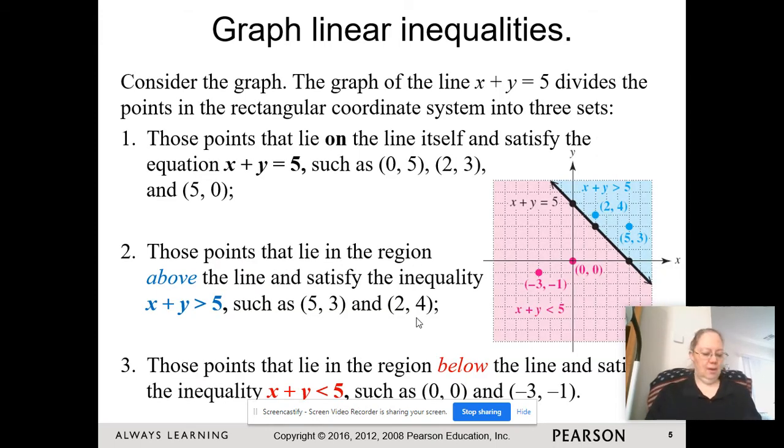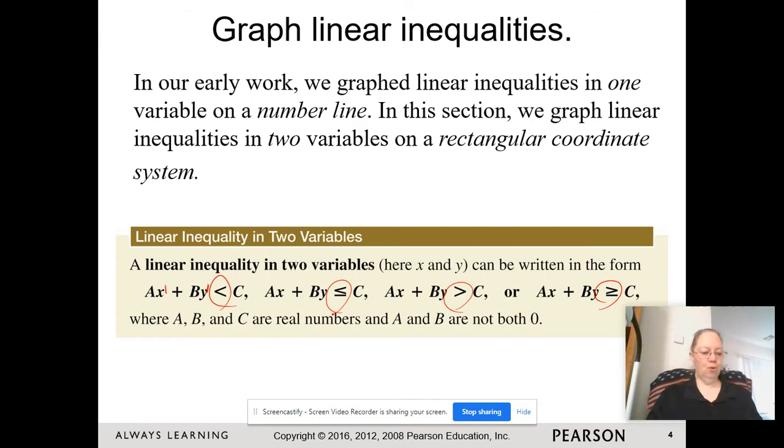Now, before we go to the next slide, I want to remind you, let's suppose we have x is less than or equal to 2. And as a different thing, we have x equals 2. X equals 2, we would just put a point, right?